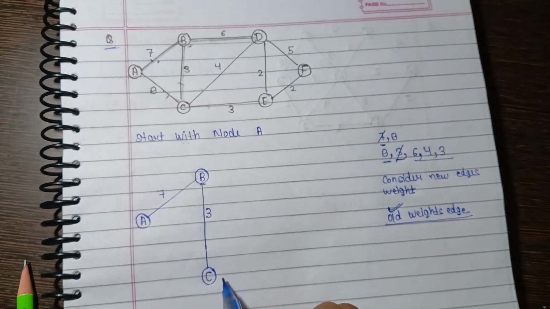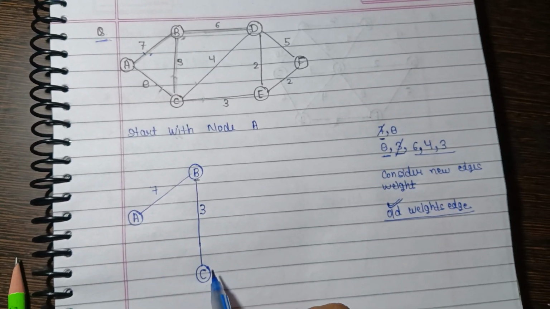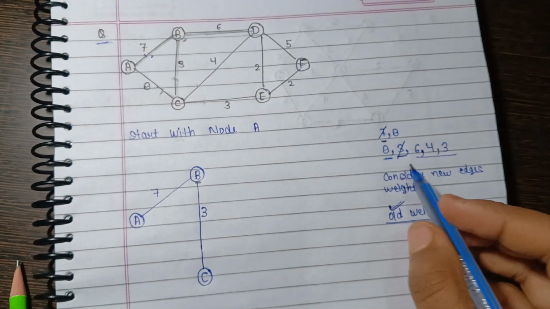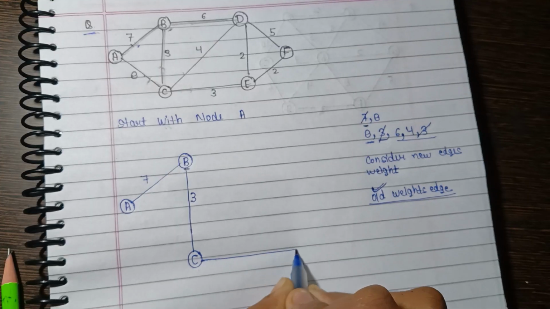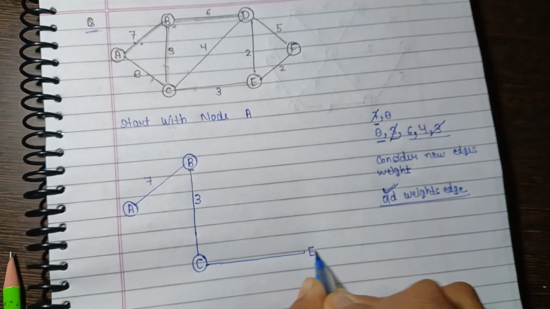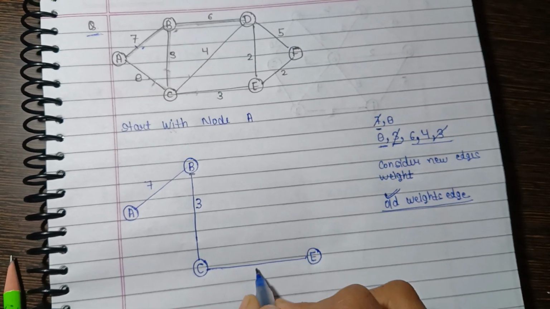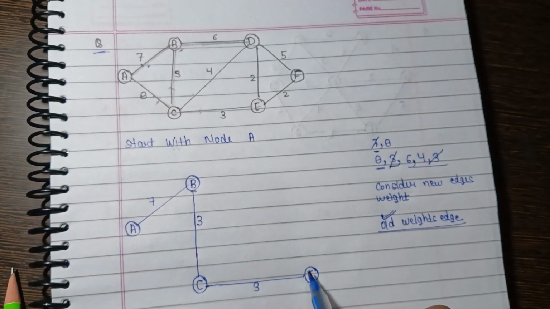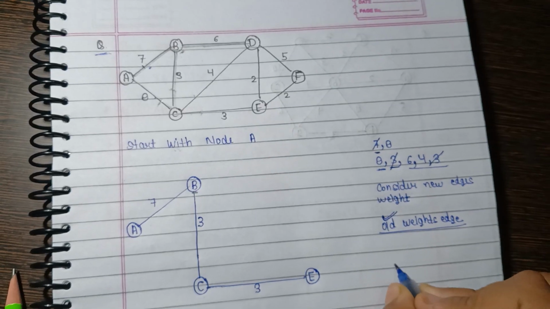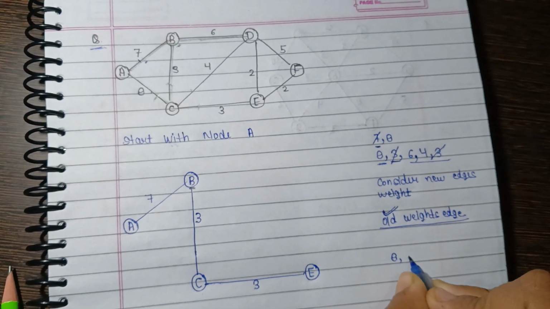Now find the minimum edge. The minimum edge is 3. Okay, check whether 3 makes any loop or cycle? No, 3 does not make any loop or cycle. Okay, now add all the edges of 3.